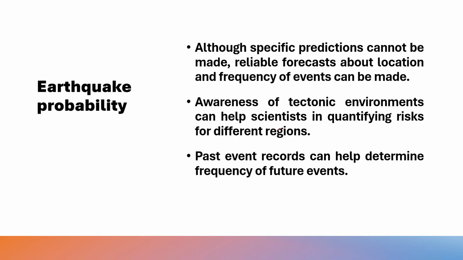So somehow there is a 4 to 5 year gap between each earthquake event. So in the next 4 or 5 years, you can again expect an earthquake event. That kind of probability we have to take into consideration. So that is how past event records can help determine frequency of future events.